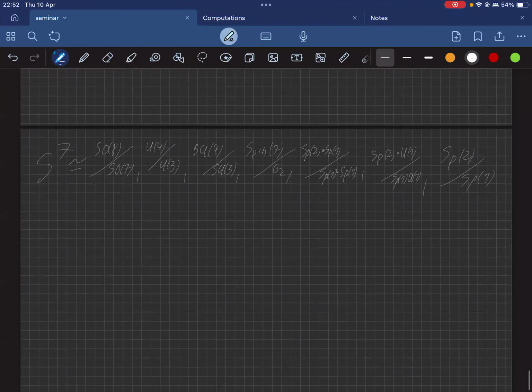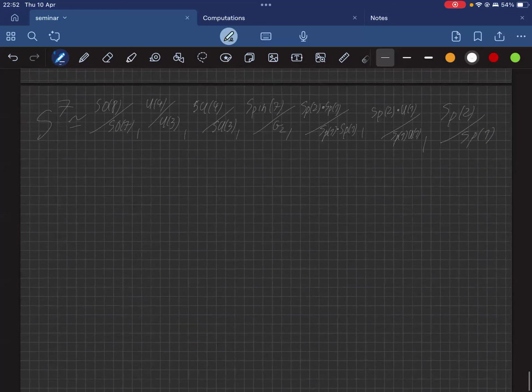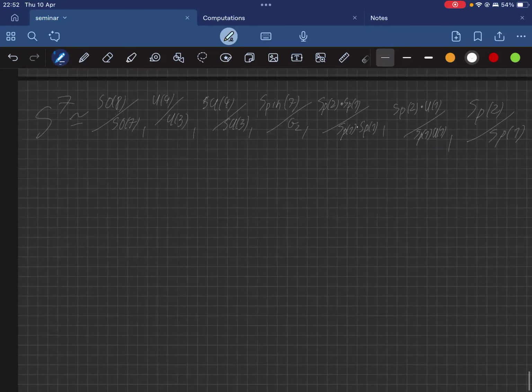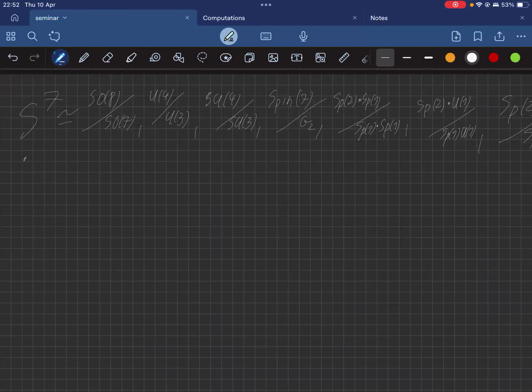Mind you, there are quite a few. It is actually the sphere with the most homogeneous structures there is. So let's start. First thing, there are no G2 structures on SO8 over SO7 and U4 over U3.